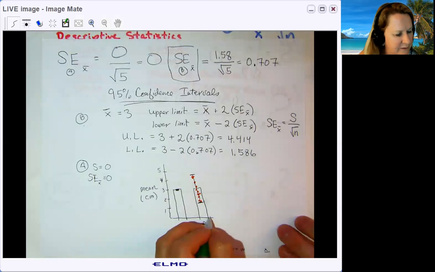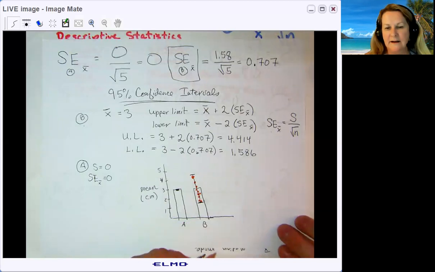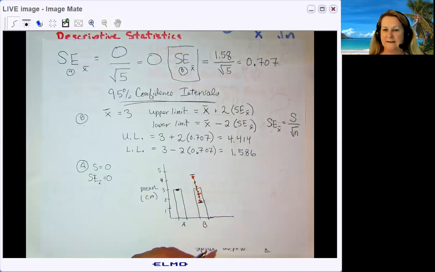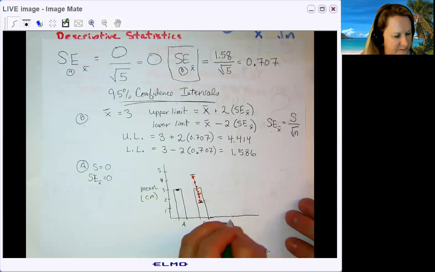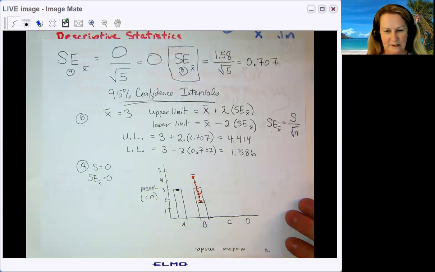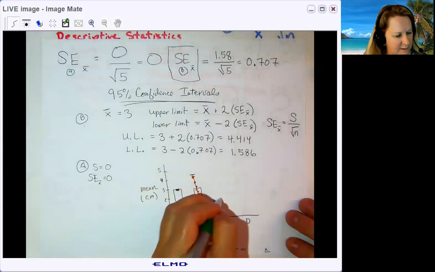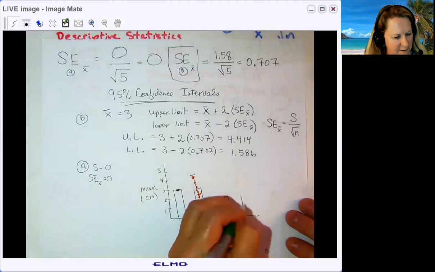Now, there's another reason that 95% confidence intervals and standard errors of the mean are important. Okay, let's pretend I have two more data sets. Let's just call them C and D. Let's say the means of C and D are the same.